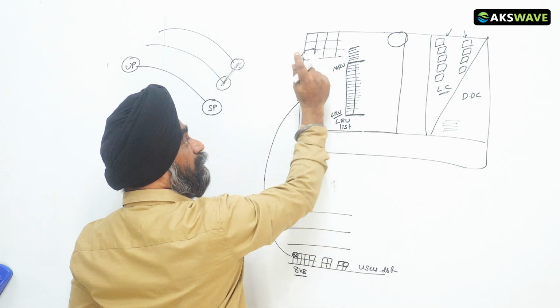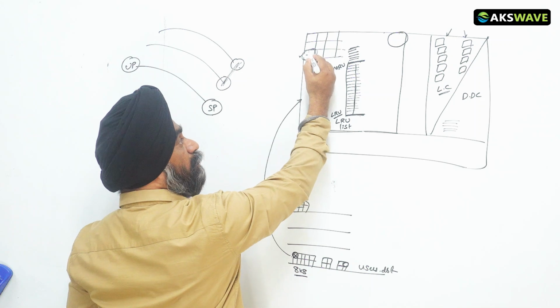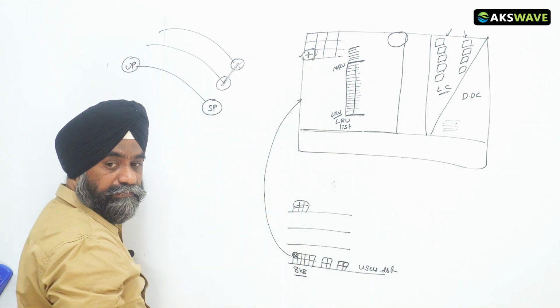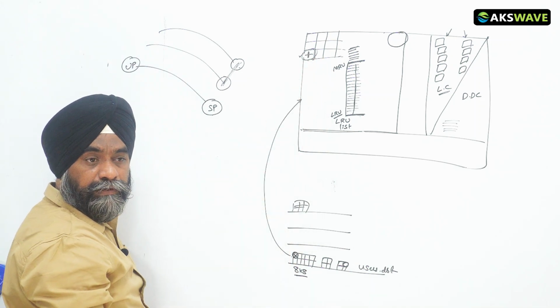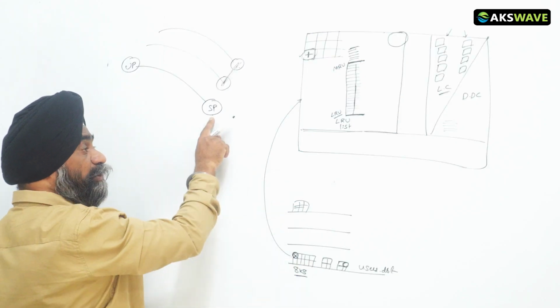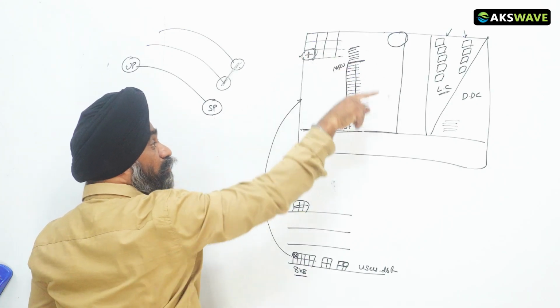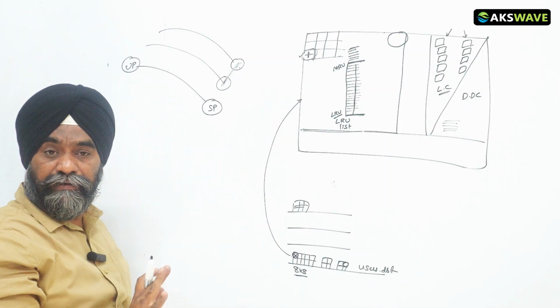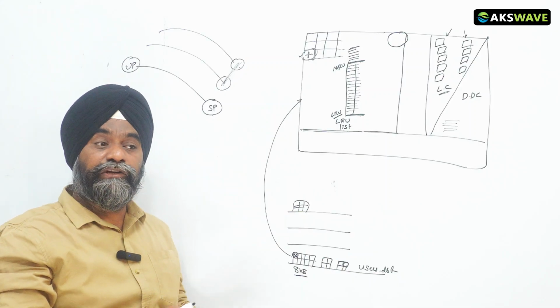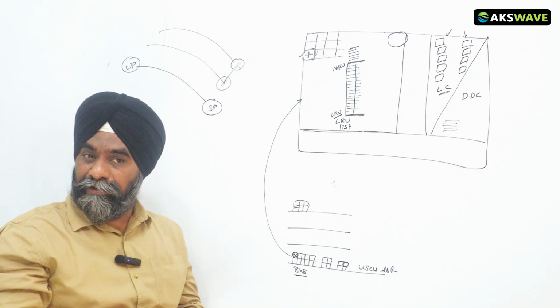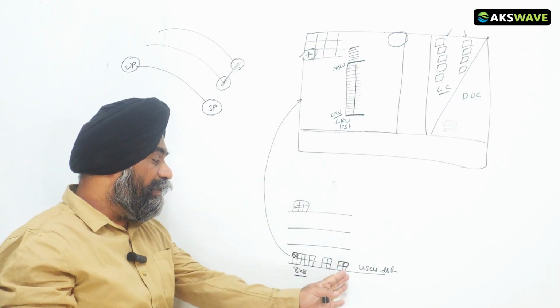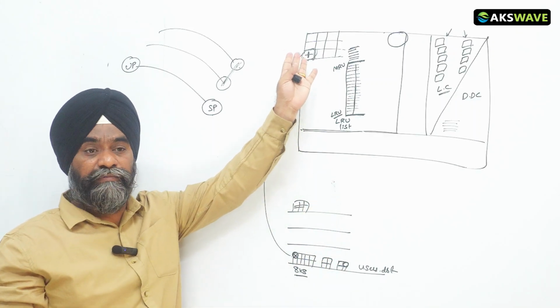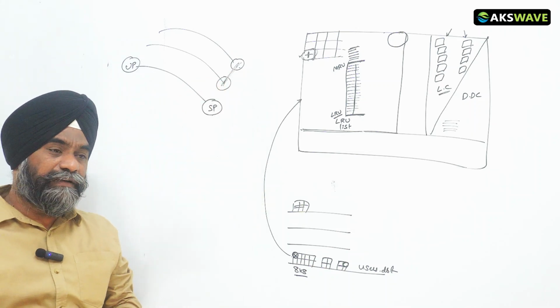It will override this block with some other table data. Correct? Now your first query you submitted, the data is no more in your buffer cache. Why? It got overwritten by some other user's table data.